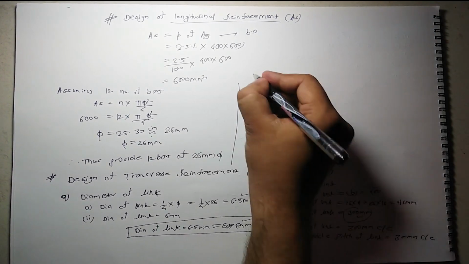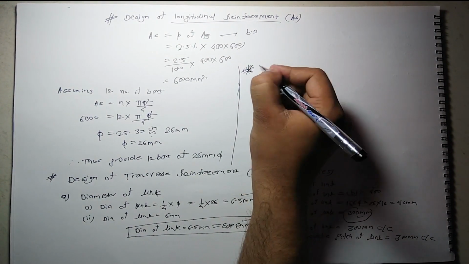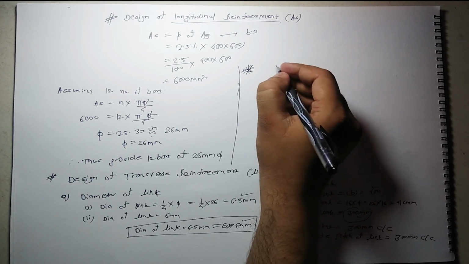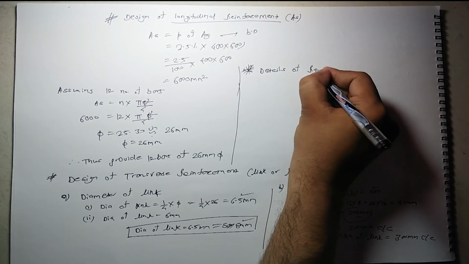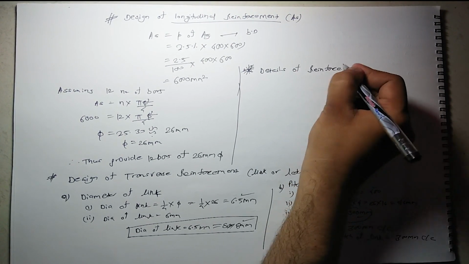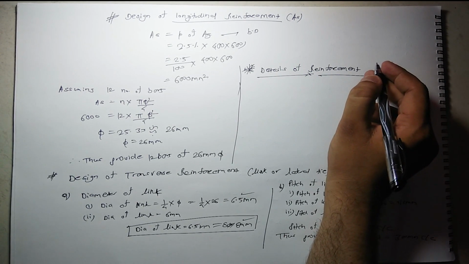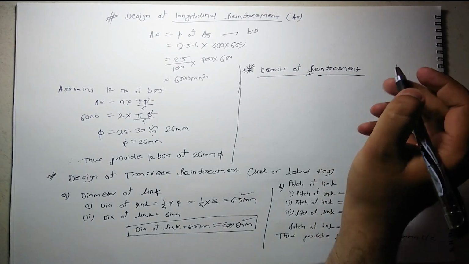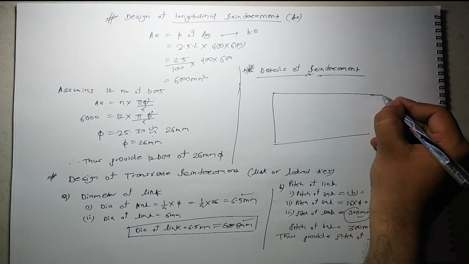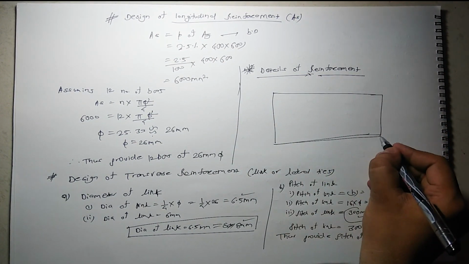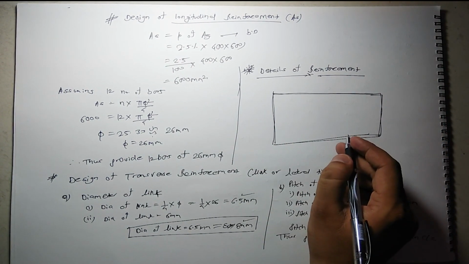Okay, now finally, the very important and very crucial point from the valuation examination point of view, to get full marks, the details of reinforcement. So it's not as complicated as the water tank, it is very simple. So just draw a proper rectangle. Okay, I hope you are using a scale. Draw the proper rectangle.